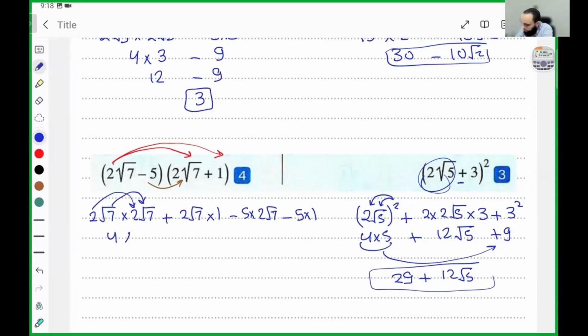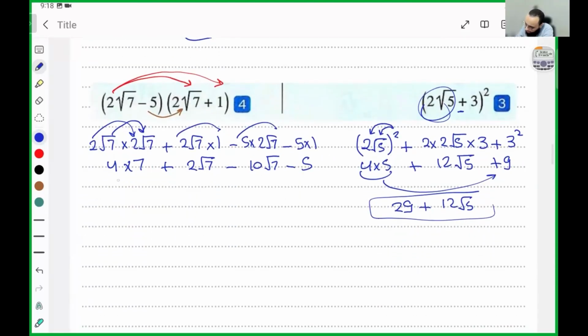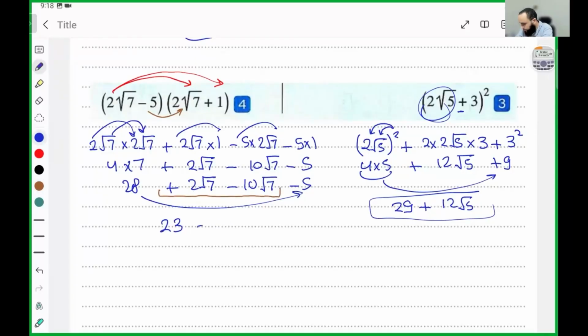Root 7 times root 7, 7. And this is times 1 itself. This equals 28 plus 2 root 7 minus 10 root 7 minus 5. 28 minus 5, 23, and 2 minus 10, negative 8 root 7.